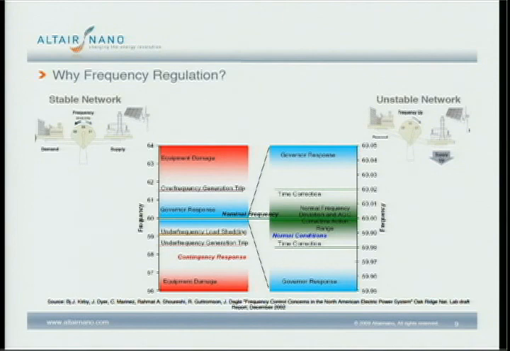Below, load shedding, which is what they do on the island of Kauai. There's no spinning reserve there. They just start dumping load and then eventually trip off the generation, thinking that what they're getting ready to do is damage the generation.